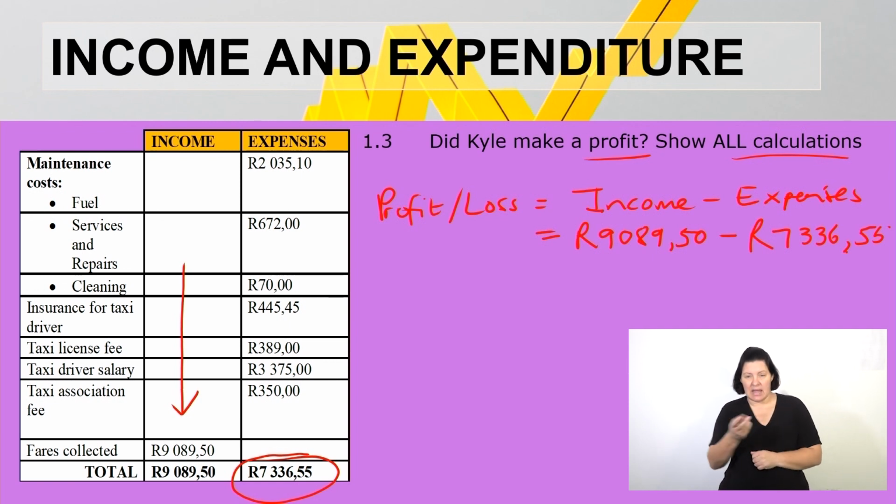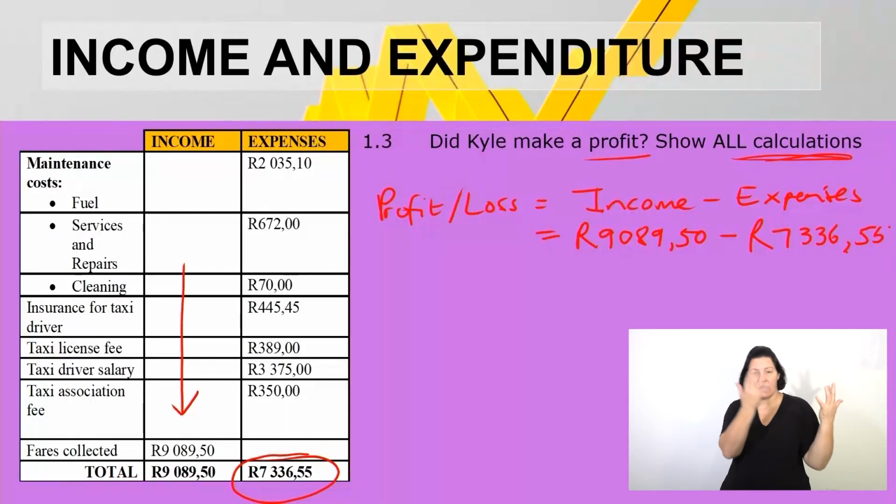Already I can see that my income is more than my expenses, but remember, your job is to follow the instruction, and it clearly stated you have to show all your calculations. Therefore, I'm going to say 9,089 Rand and 50 cents minus the 7,336 Rand and 55 cents.